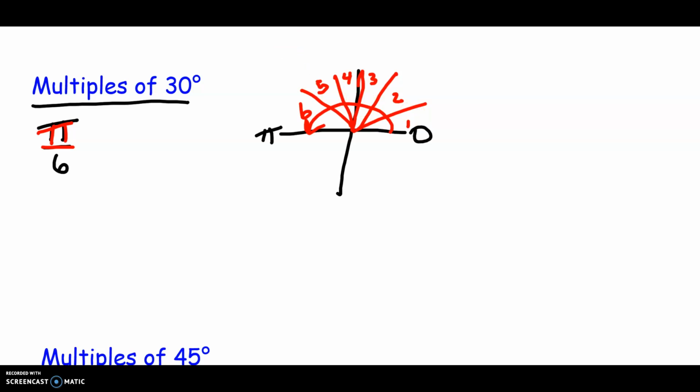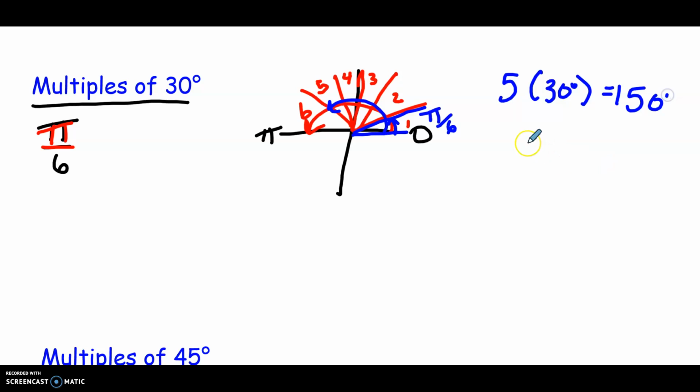So that means that one of these slivers, right here, this angle that I just labeled 1, that's pi over 6 radians. That's a 30-degree angle, and we know that a 30-degree angle is acute, okay? If I have a 30-degree angle and I come all the way up to this angle, that means I have 5 30-degree angles. 5 30-degree angles tells me I'm at 150 degrees, right?